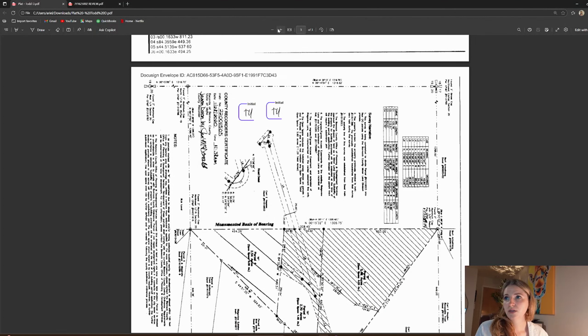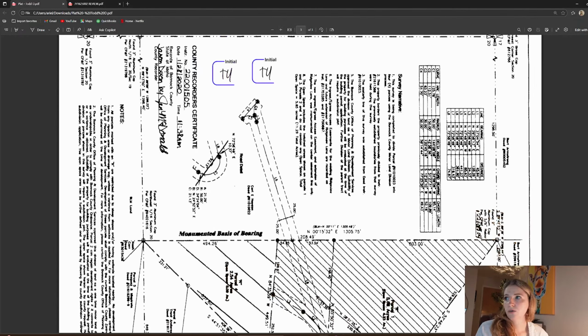You'll notice when it's plats that are much older that come from title, sometimes you can't read the curve table. So you may have to ask, can you guys get me a higher quality image of this? And they'll have to go to their title company, and they're large sheets, massive, that they have records of, that they have to go in, find, go to that correct book page and scan over to you in a higher quality.